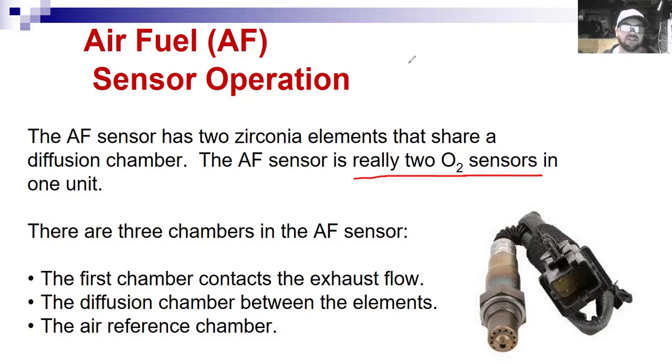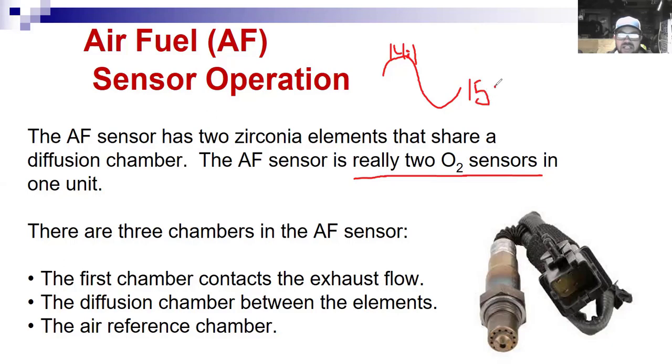So where a regular O2 sensor would say rich or lean, the rich could be anything richer than 14.7. So if I'm at a 14 to 1 air fuel ratio, that's still going to be rich. And if I'm at 15 to 1, that's going to be lean.